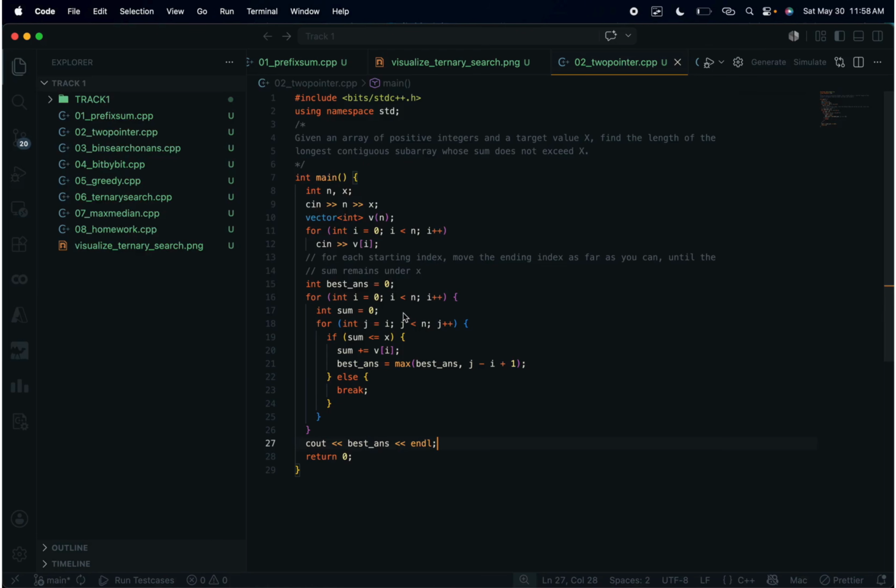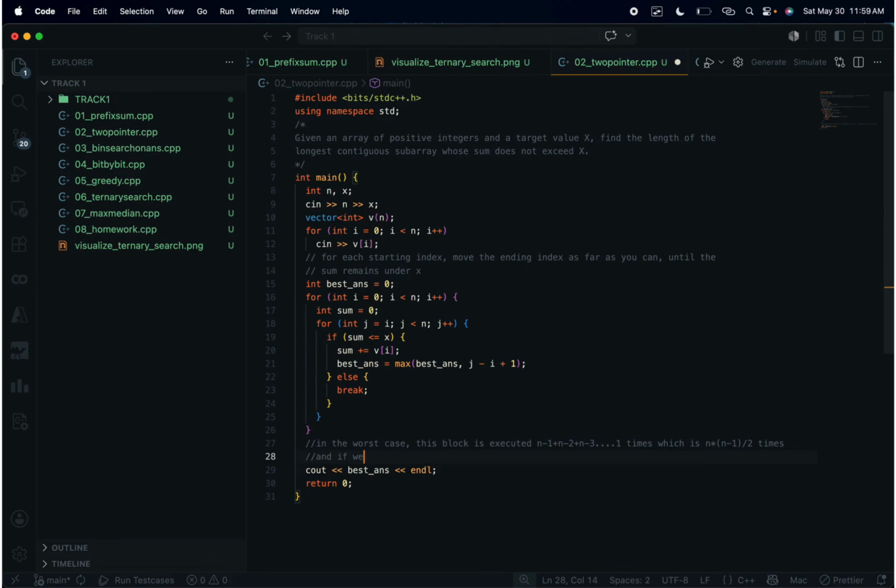So what is the issue with this approach? The issue is for each value of I, we go for j equal to I, j equal to I plus 1, and so on till j equal to n in the worst case. So in the worst case, this block is executed 1 plus 2, n minus 1 plus n minus 2 plus n minus 3 and so on till 1 times, which is n into n minus 1 by 2 times.